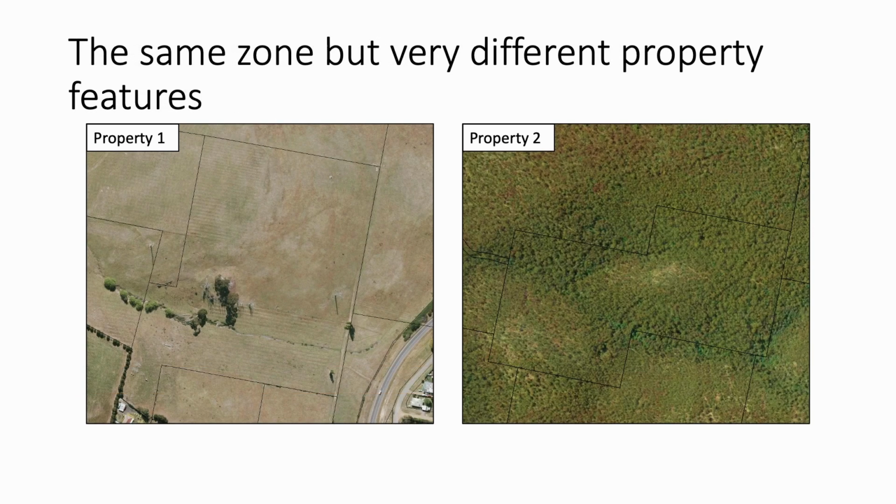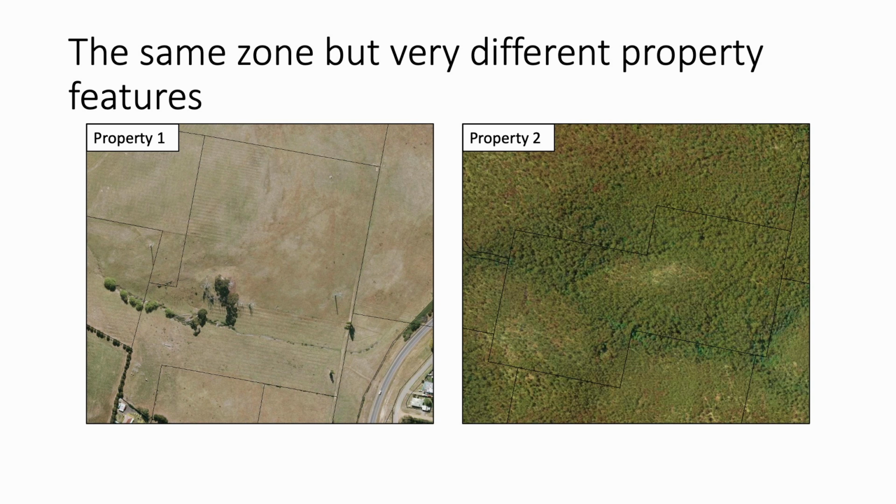For example, if you take two properties that are currently zoned rural resource under the interim planning scheme, one is a bush block and one is predominantly pasture. Now, the pasture block will have far more permitted uses as is because it has already been developed and used from its natural state into grazing land.